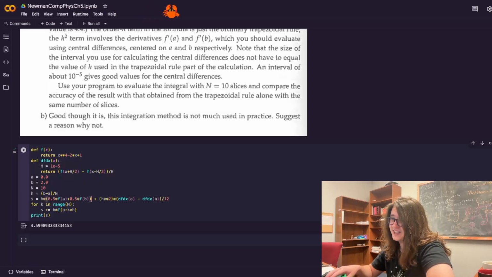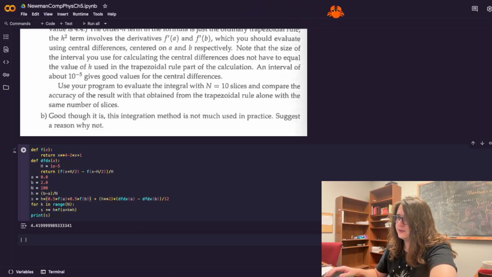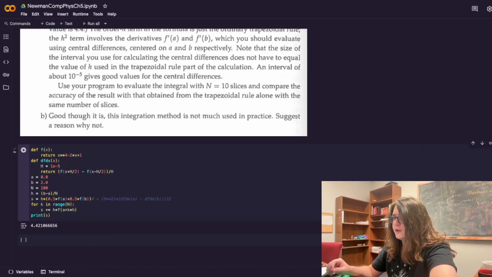So I guess it is slightly more accurate. And we can also observe what it looks like at n equals 100. This is with the derivative term. You get 4.41, and then without the derivative term, you get 4.42. It's a very minute difference, right?